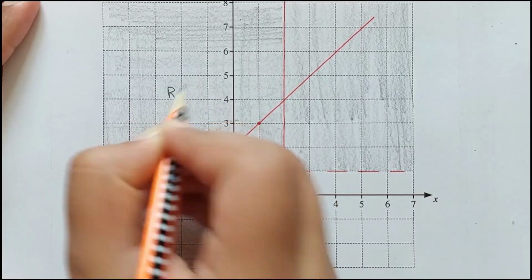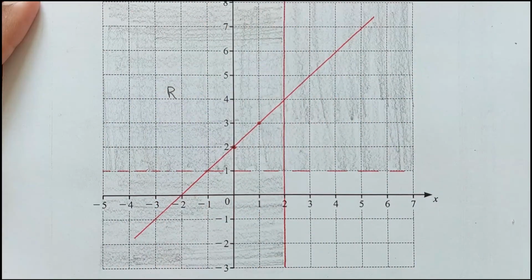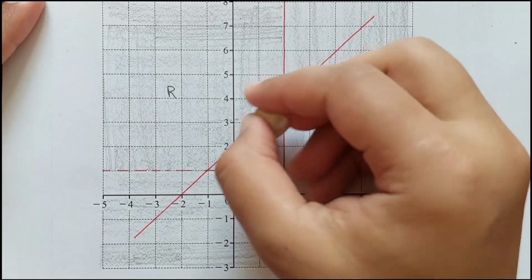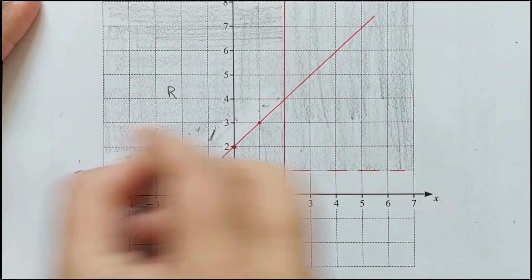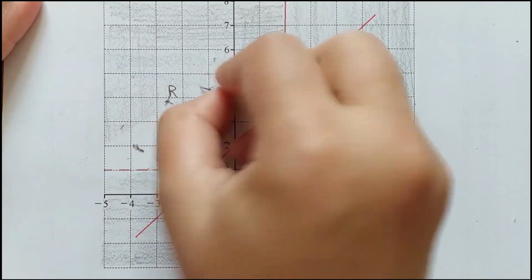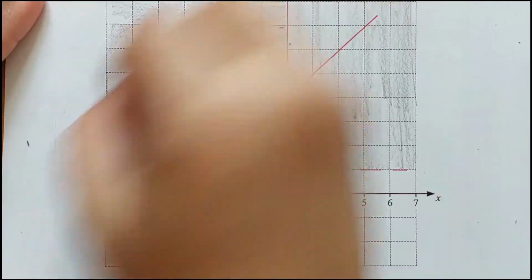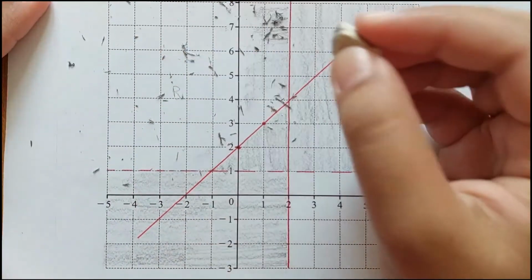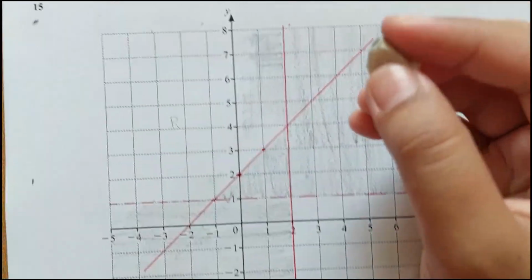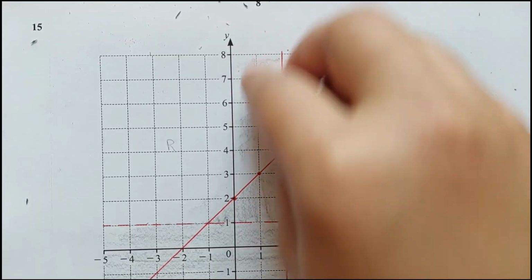So we have to leave this region, and shade the rest, the unwanted ones. This is the region that satisfies all the 3 inequalities. Let me leave this, because we are not going to shade the region which satisfies the 3 inequalities. The question is we just have to shade the unwanted regions.